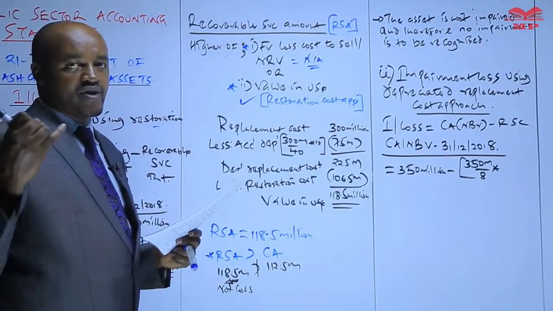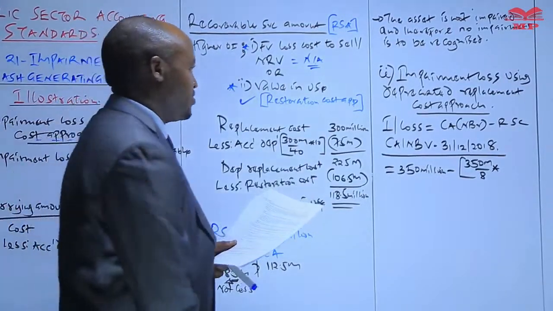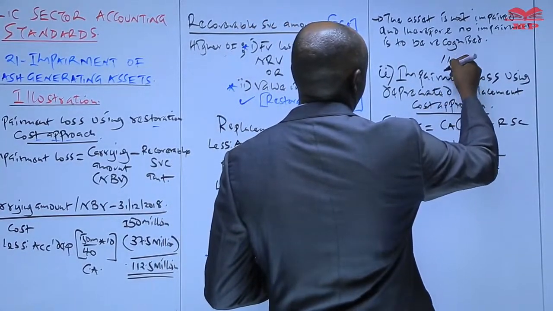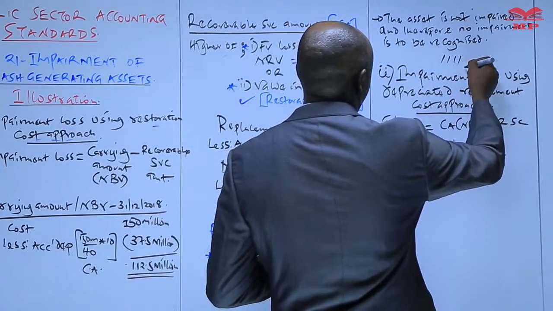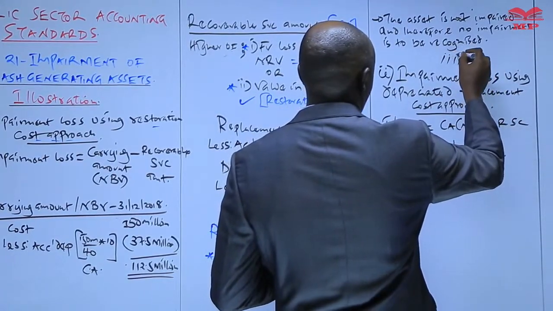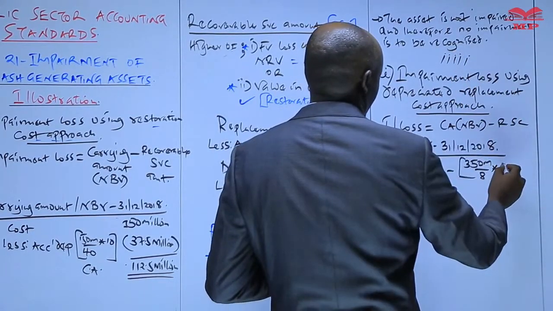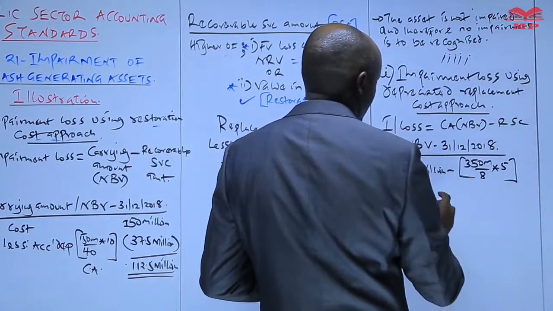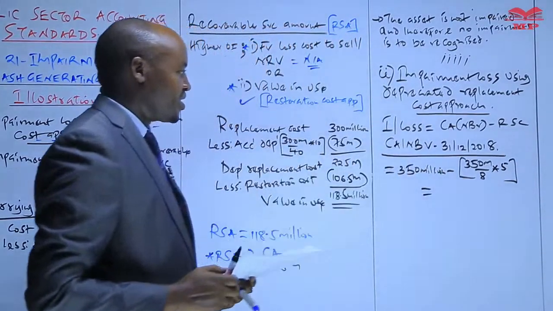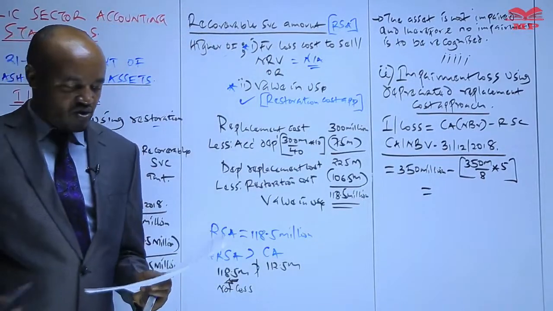Remember, it was acquired at the start of 2014. So the software was used in 2014, 2015, 2016, 2017, 2018. Those are how many years? 1, 2, 3, 4, 5. So we need to compute the accumulated depreciation for 5 years, and that will give us the net book value or the carrying amount.